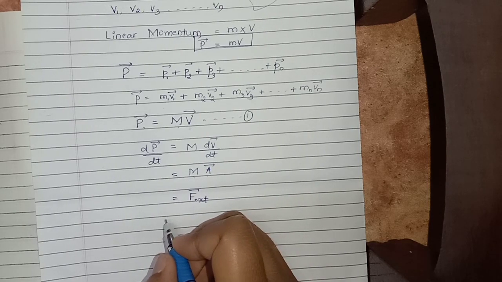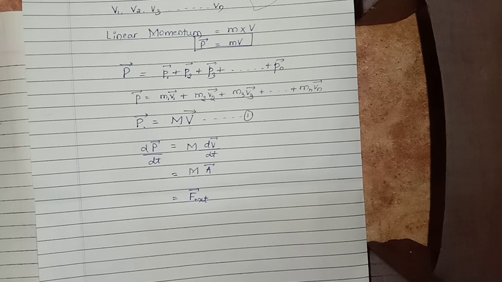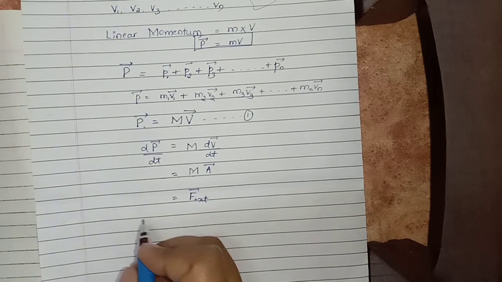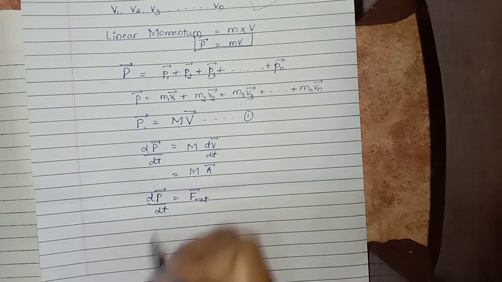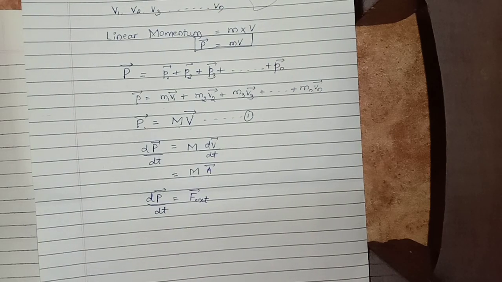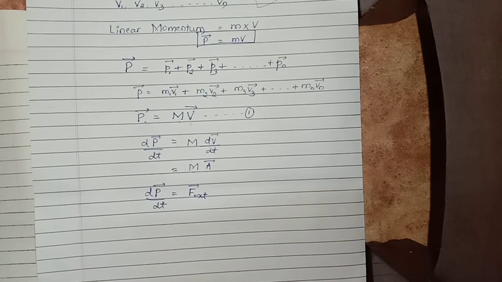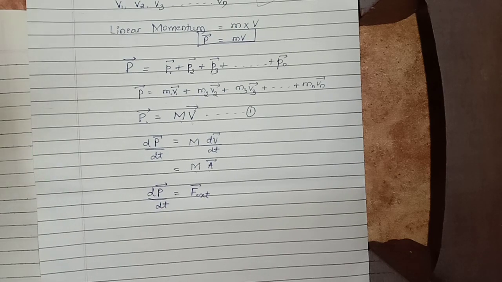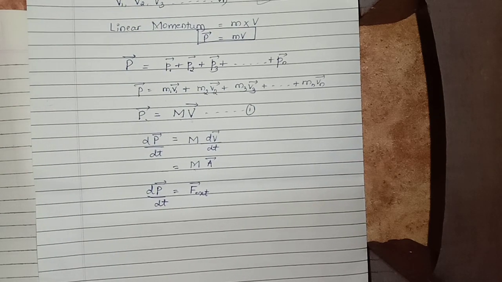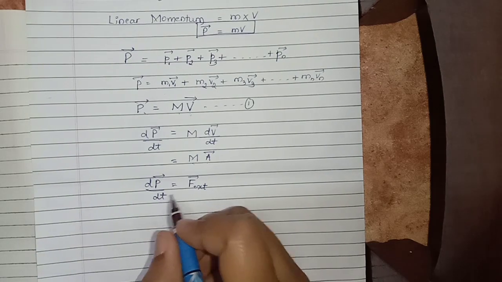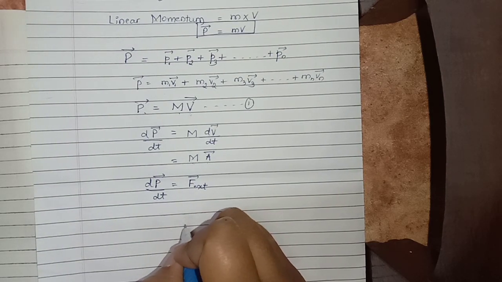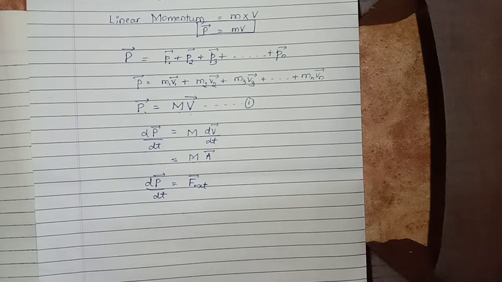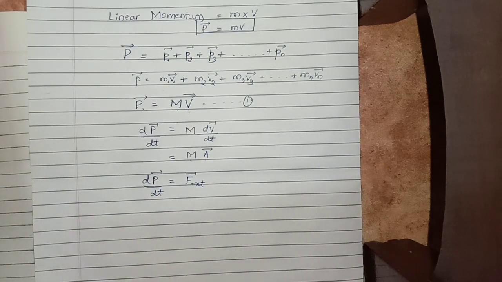So here in the LHS we have dp divided by dt. Now consider that there is no external force acting on any particle of the system, hence no external force acting on the whole system.